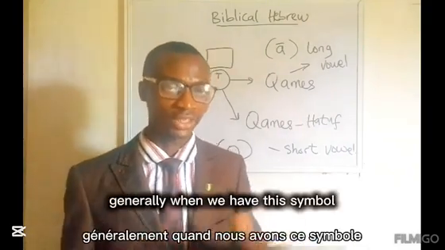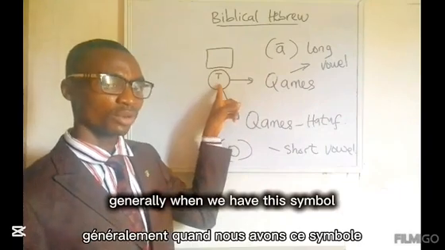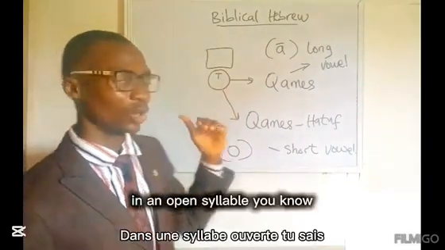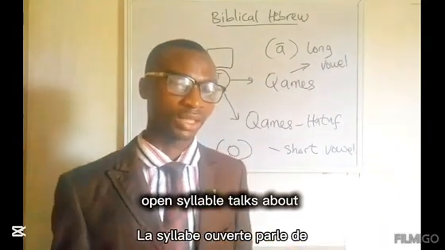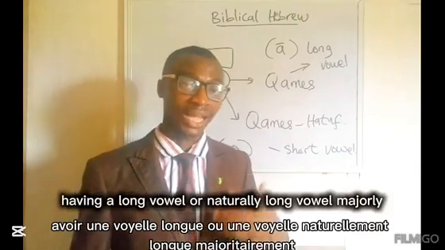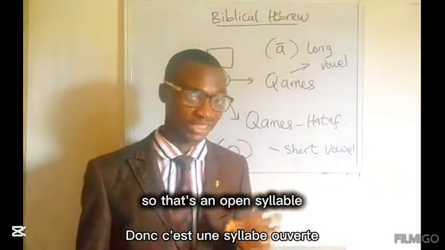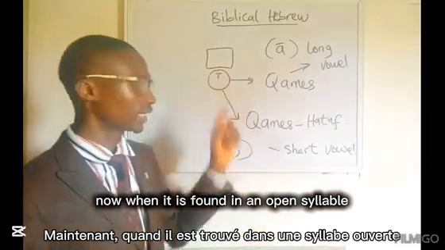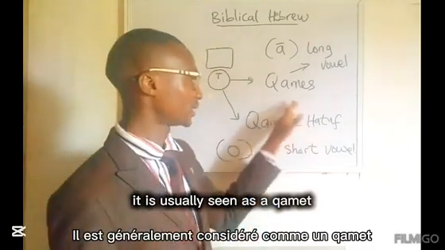But generally, when we have this symbol in an open syllable, we have been following the teaching talking about open syllable. Open talks about the consonant then having a long vowel or naturally long vowel majorly. So that's an open syllable. Now, when it is found in an open syllable, it is usually seen as a Qamet.